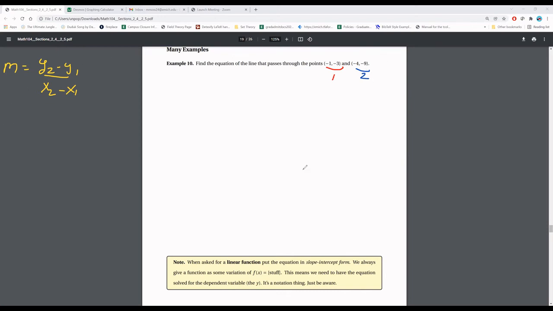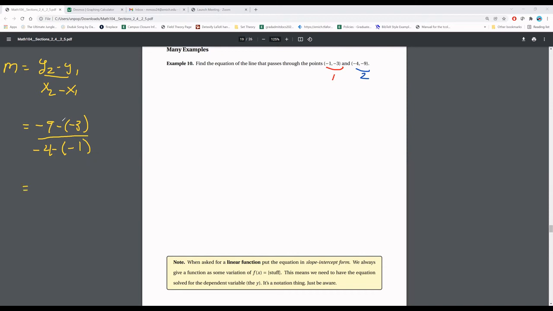So I pick out y2. y2 appears to be negative 9, excuse me. So negative 9 minus negative 3. I'll use parentheses so I don't make a mistake here. And then x2 is negative 4 minus x1 is negative 1, parentheses.